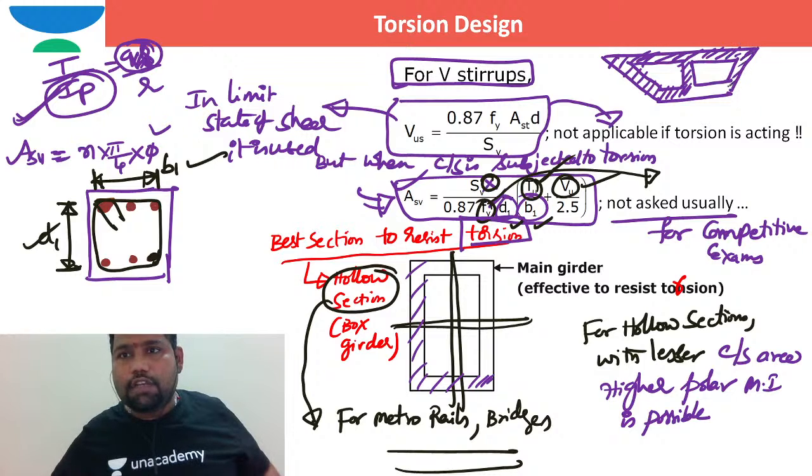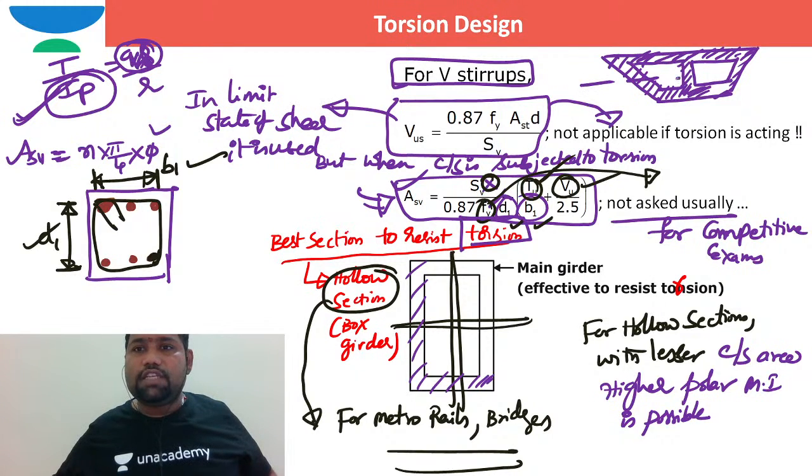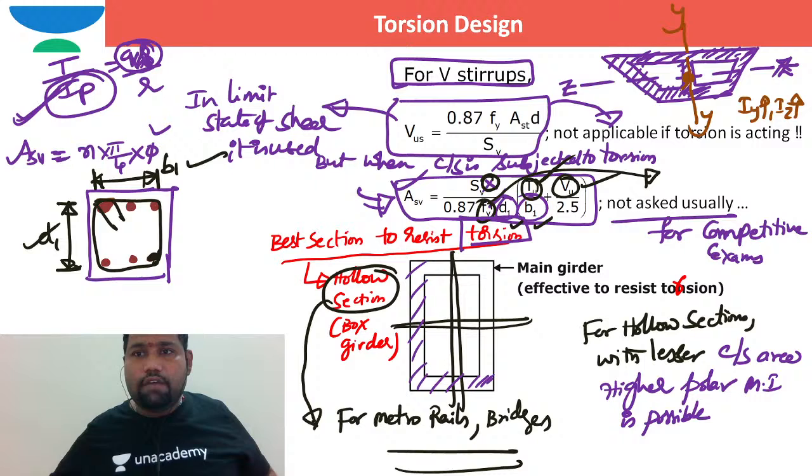For these types of cross sections with lesser cross-sectional area, the moment of inertia about the ZZ axis and about the YY axis increases. When Iy is increasing and Iz is increasing, the polar moment of inertia about the x-axis, Ix, which is equal to Iz plus Iy, will also increase, right?